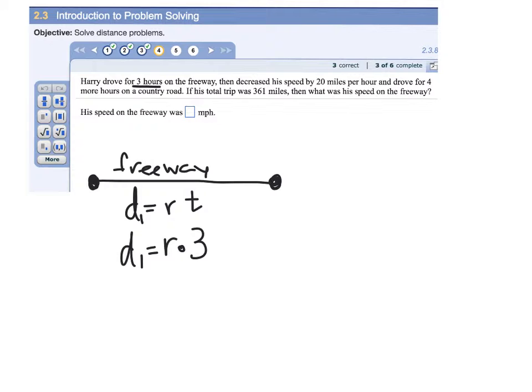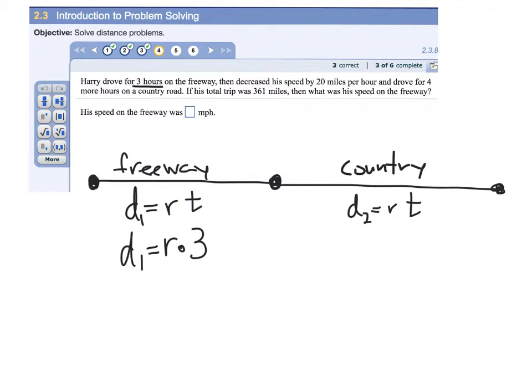Then he drives on a country road. The country road also has a D equals RT, but I'm going to put D2 because that's the second distance. He had the freeway distance and then the country distance. We're told that his speed is 20 miles per hour slower than over here.